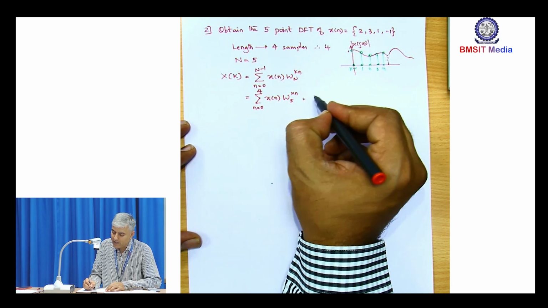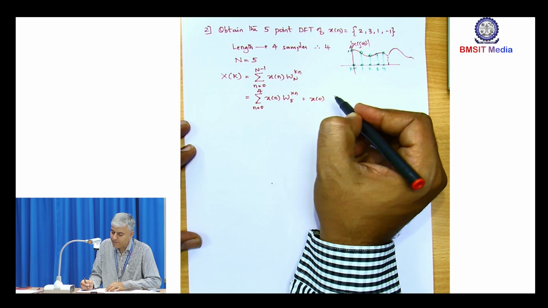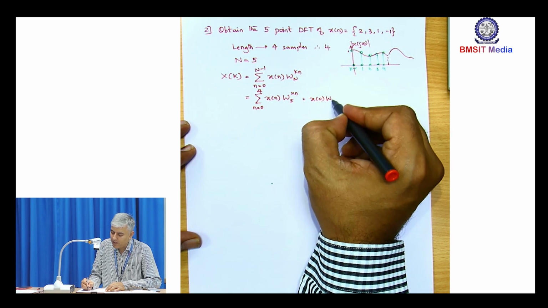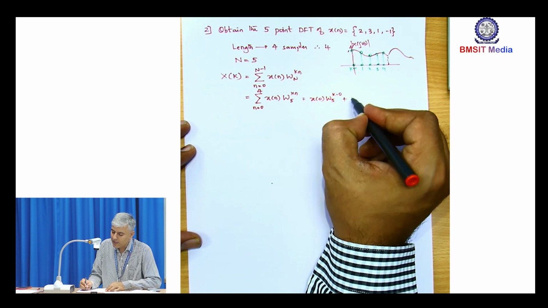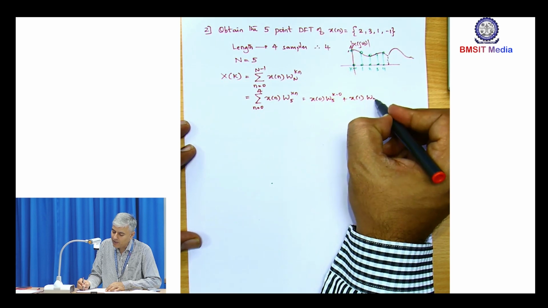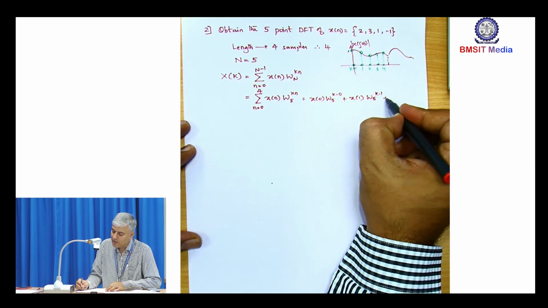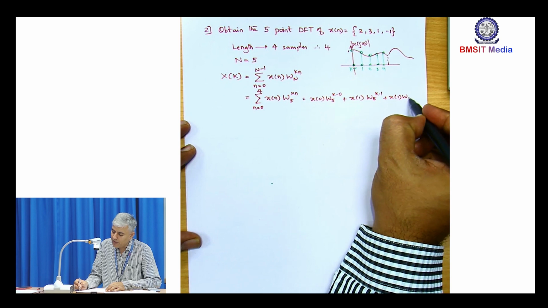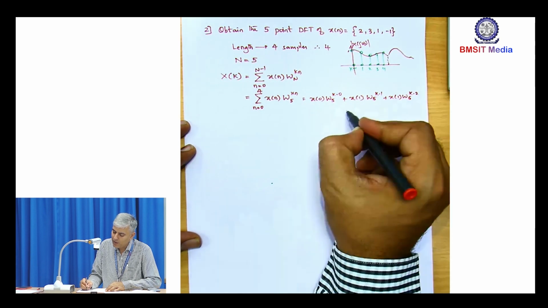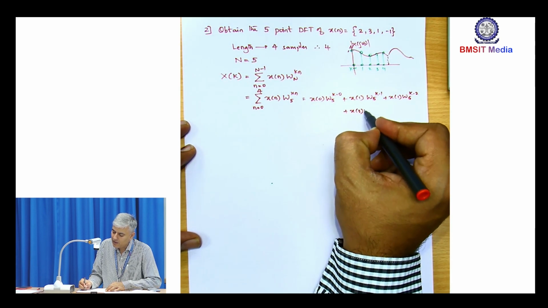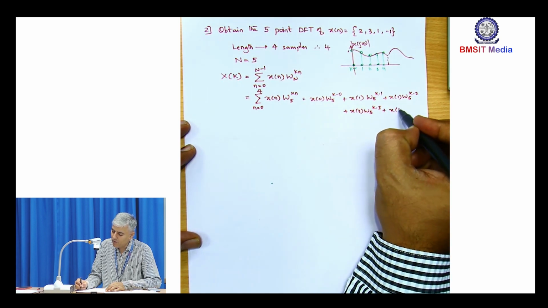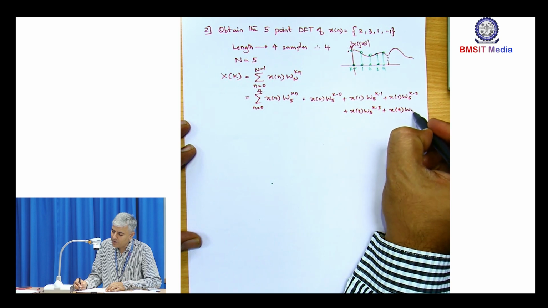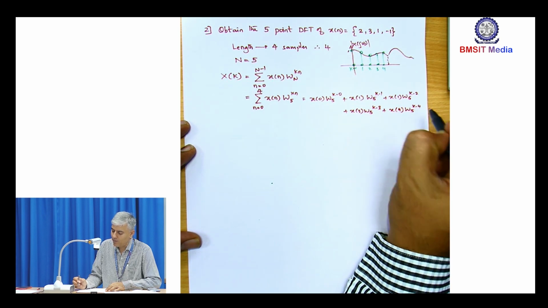So let us expand this. It will be x of 0 W_5 raised to k into 0, plus x of 1 W_5 raised to k into 1, plus x of 2 W_5 raised to k into 2, plus x of 3 W_5 raised to k into 3, plus x of 4 W_5 raised to k into 4.